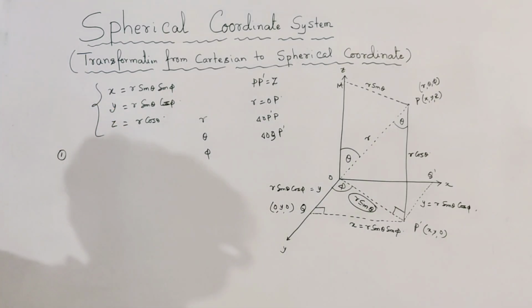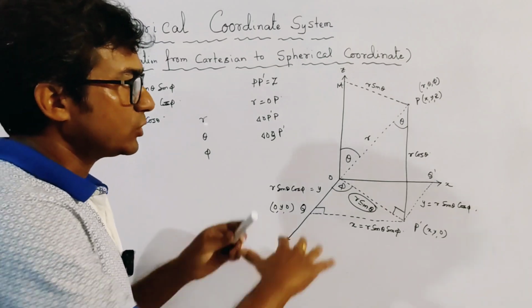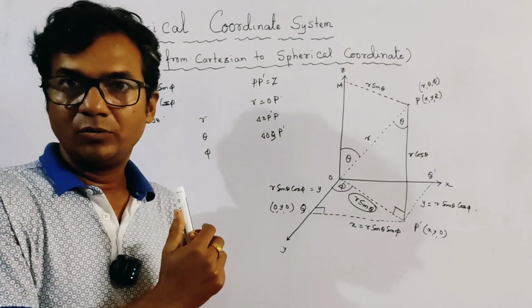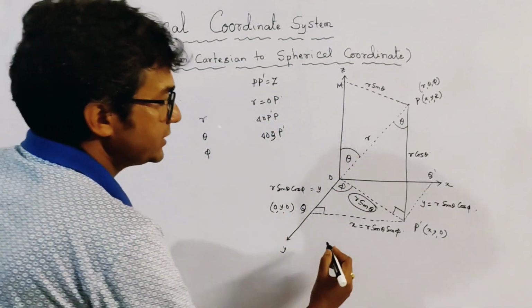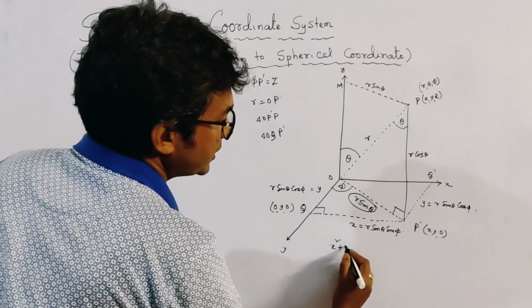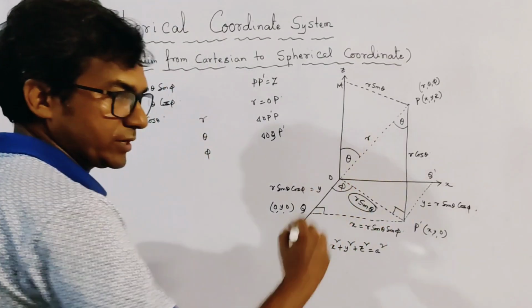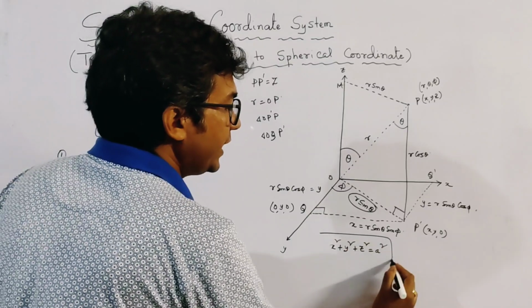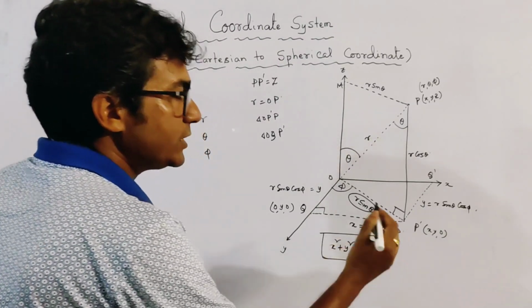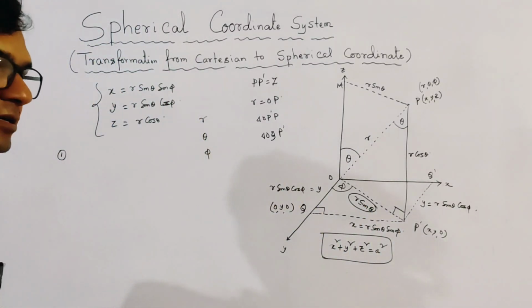The first case, if we take the complete sphere, x square plus y square plus z square is equal to a square, and clearly the radius of the sphere is a.